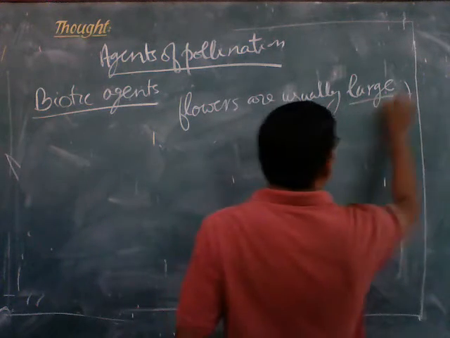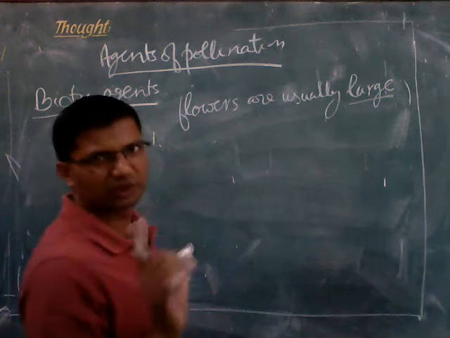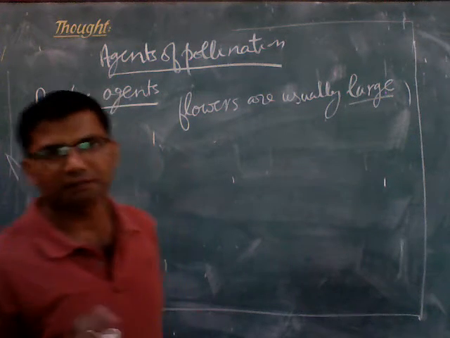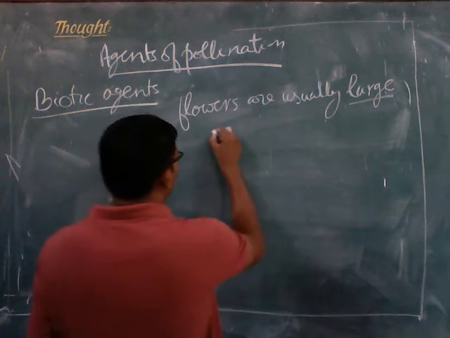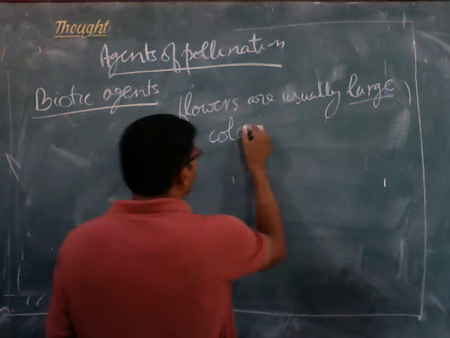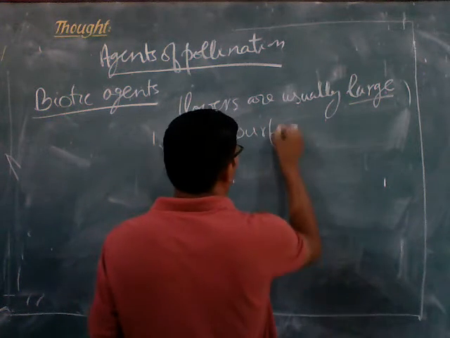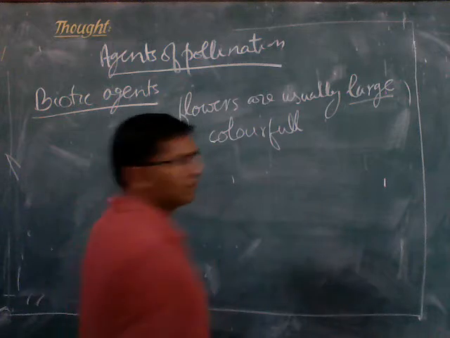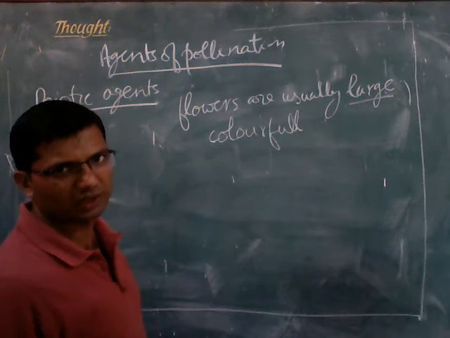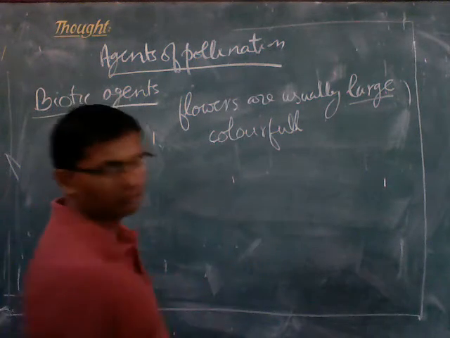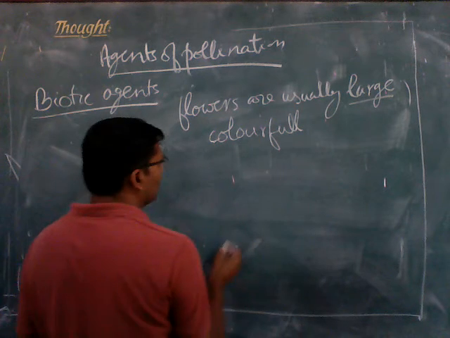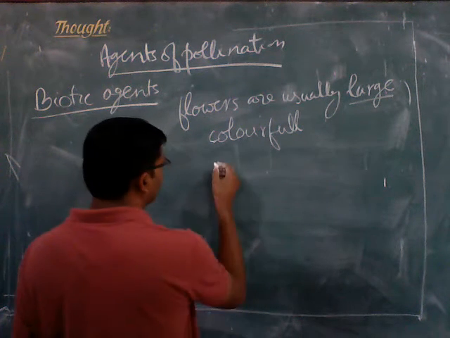Okay. Their pollen is sticky, we already have seen. Then these flowers also are usually colorful, so that these bees or butterflies or other organisms will be attracted towards them. Okay, so they should be colorful. Various kinds of colors have to be there.